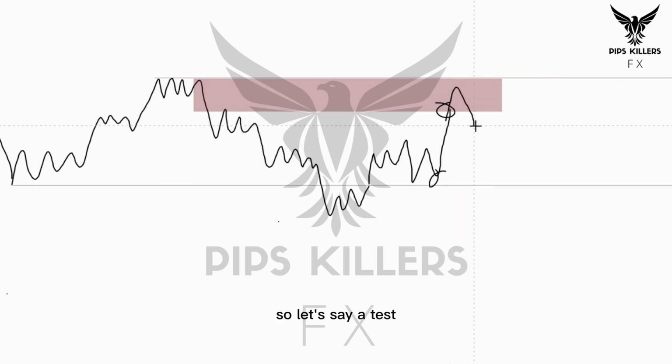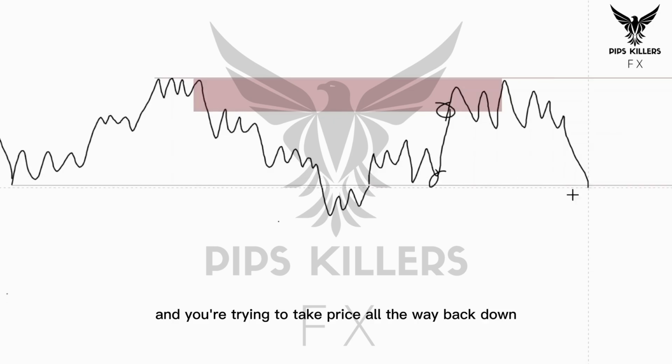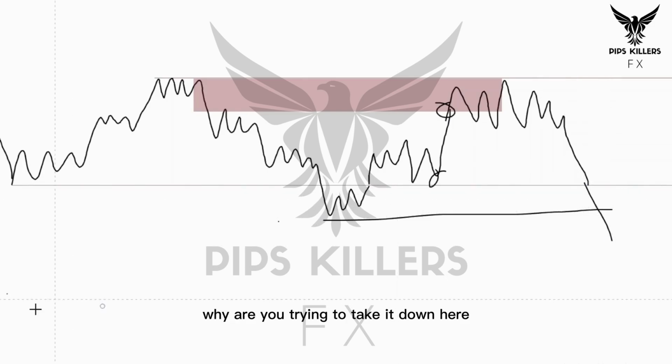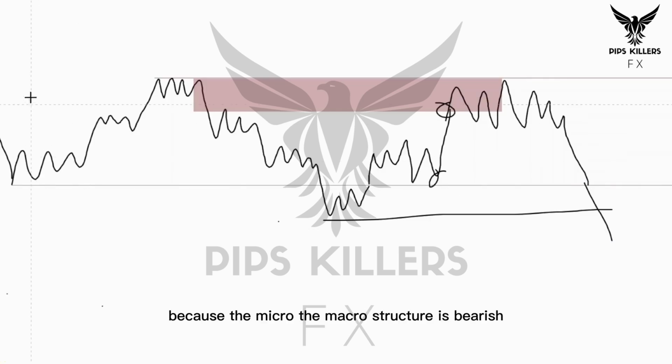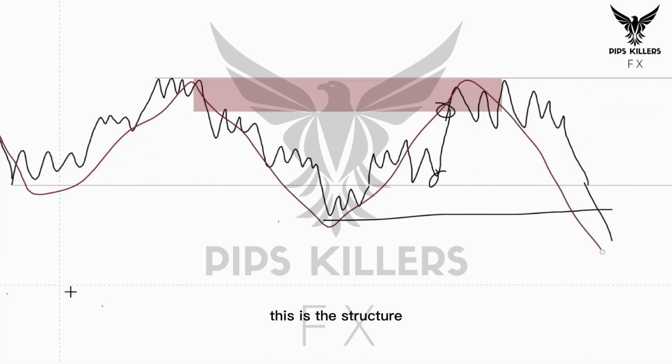So let's say a test right here, a purge, RTO, and you're trying to take price all the way back down. So right here. Why are you trying to take it down here? Because the macro structure is bearish. This is the structure.